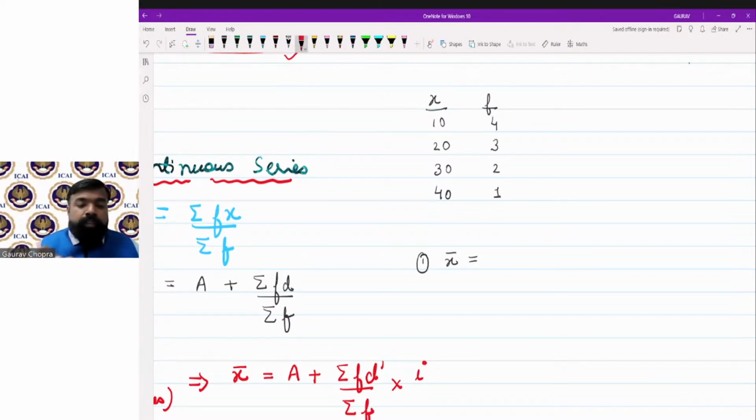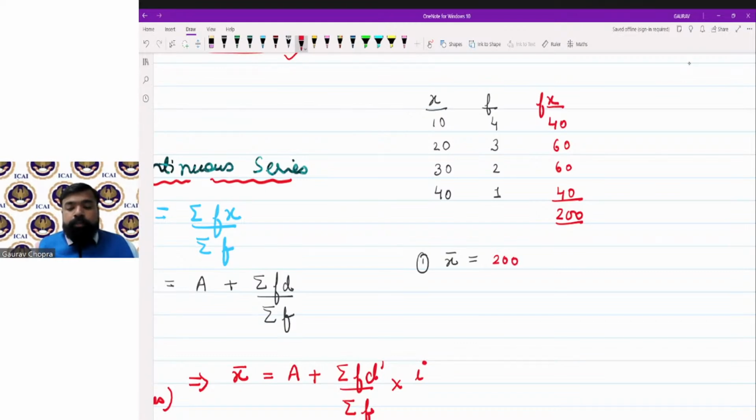Find f into x. So according to direct method, the first step is finding fx. So 10 into 4, that is 40. 20 into 3 is 60. 30 into 2 is 60. And then again 40. So what is the total? The total is 200.